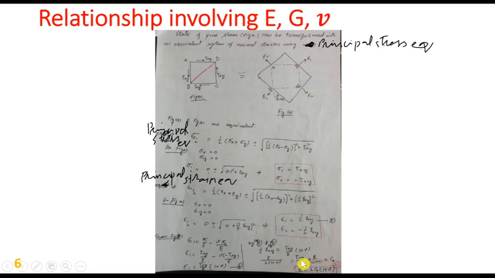So take tau xy here and gamma xy in the denominator, and the ratio of this is the shear modulus or modulus of rigidity, G, and remaining E will be at the denominator: E over 2 into 1 plus mu. So the overall relation will be E is equal to 2G into 1 plus mu, and this is equation 22. So we have developed this relationship.